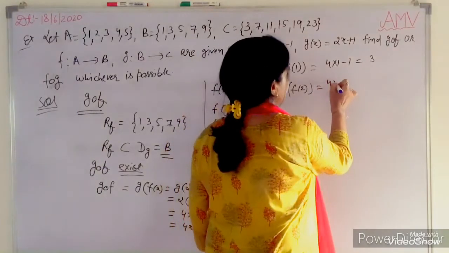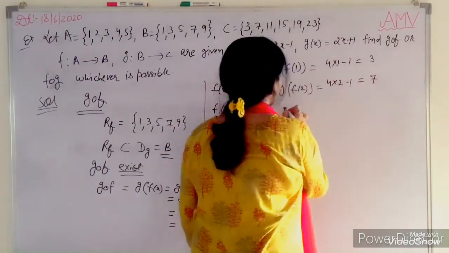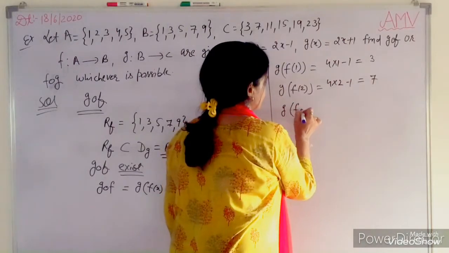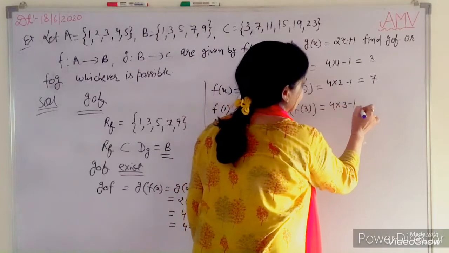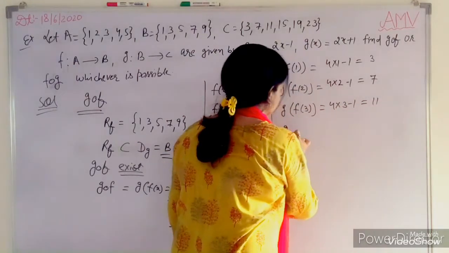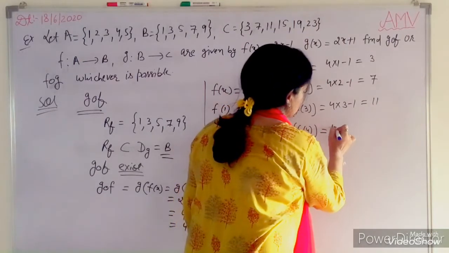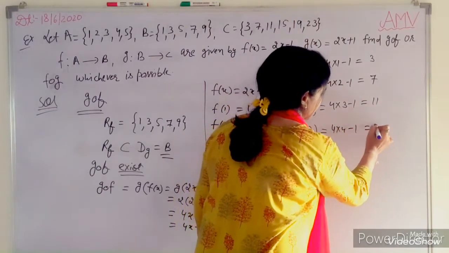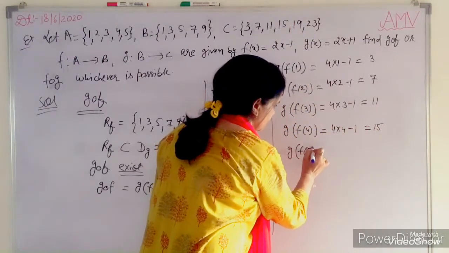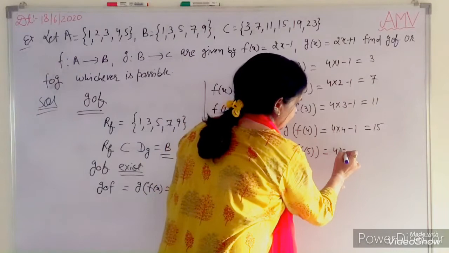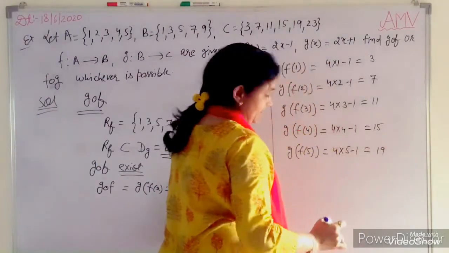You will get 4 into 2 minus 1, 8 minus 1 is 7. g(f(3)) is 4 into 3 minus 1, 11. g(f(4)) is 4 into 4 minus 1, you will get 15, student. And g(f(5)) is 4 into 5 minus 1, you will get 19.